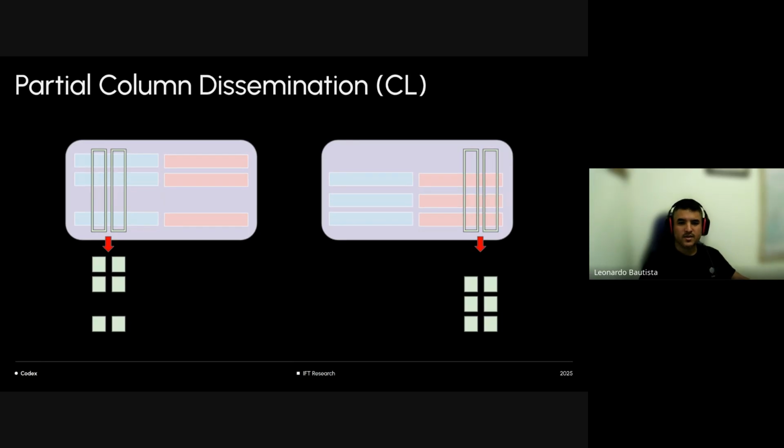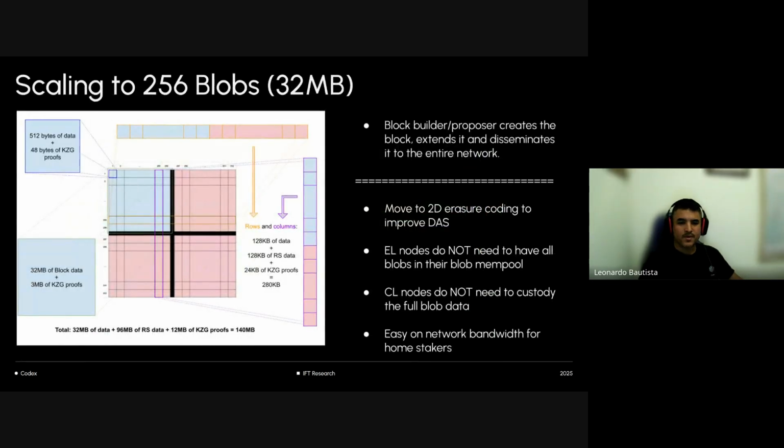Other nodes will have different blobs and different column IDs, and you will be sharing different data over the network, and that is completely fine. But that will allow you to then reconstruct this entire full matrix, because you receive the blob, you extend it horizontally, you share the partial columns that you have, you receive some from one node, some from another node, you get the full column, and then you are now able to do erasure coding vertically to recreate the bottom part of this figure.